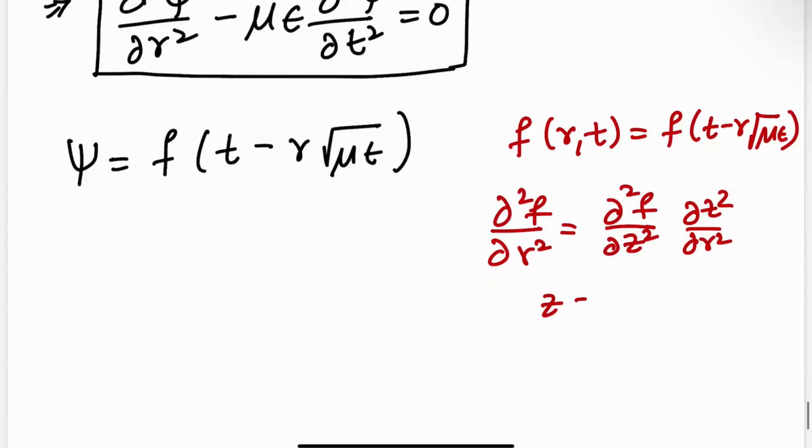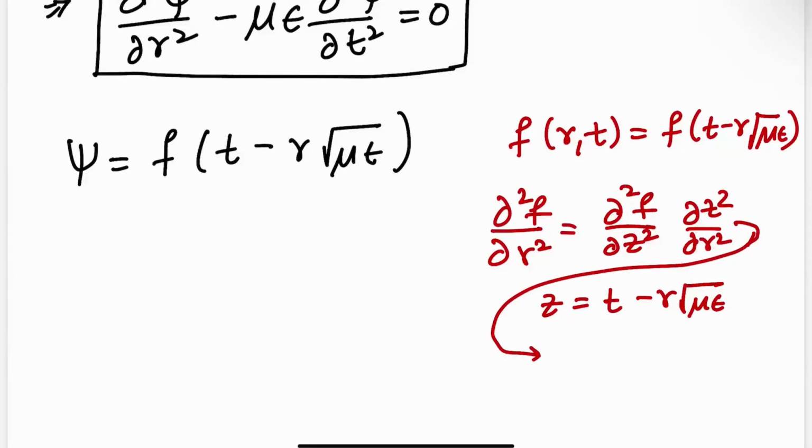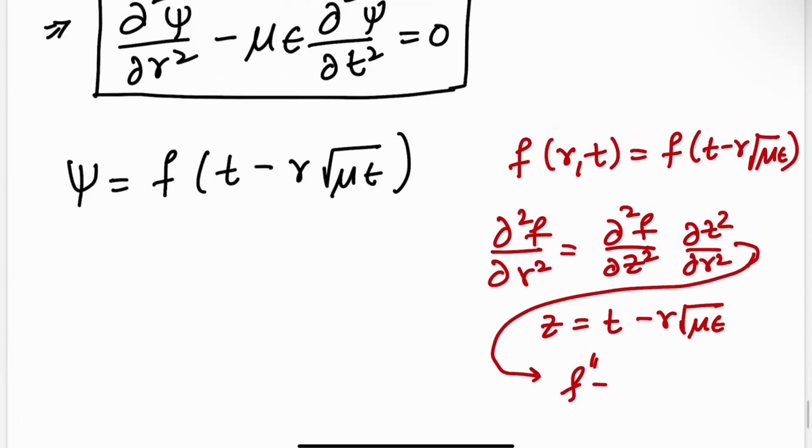Where z is t minus r square root of mu epsilon, right? So let's say this, which means that this thing becomes f double prime times minus mu epsilon.